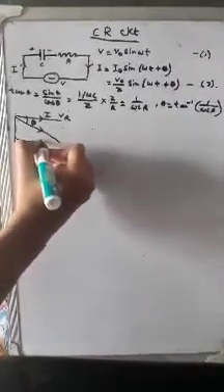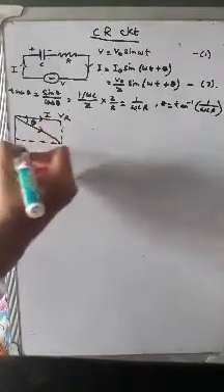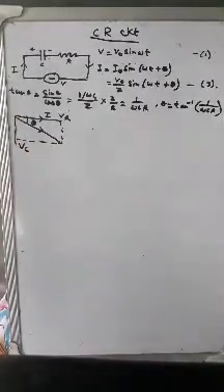So this is your V part and this is your VC part. VC means the capacitive voltage drop, and VR is your resistive voltage drop, students.